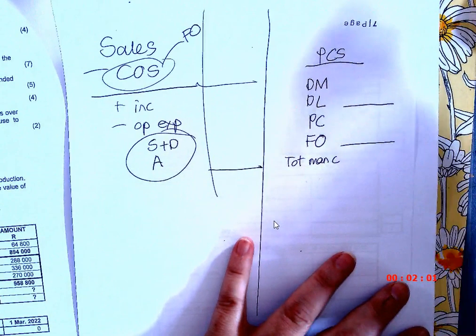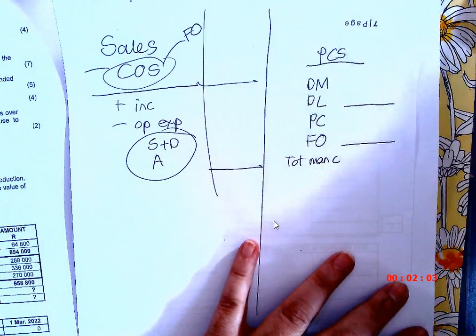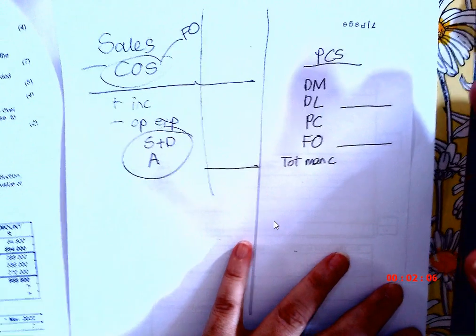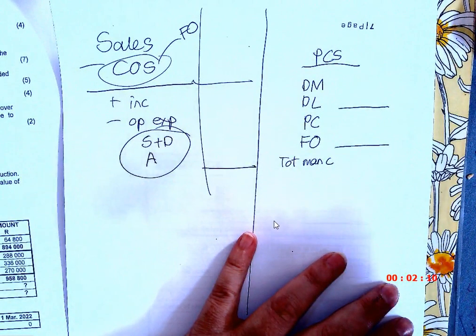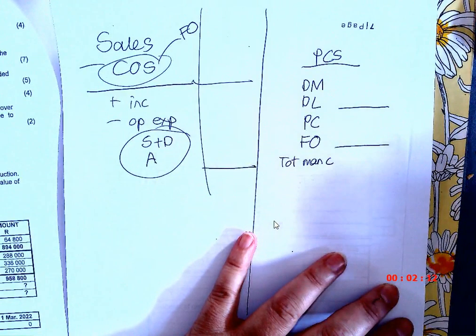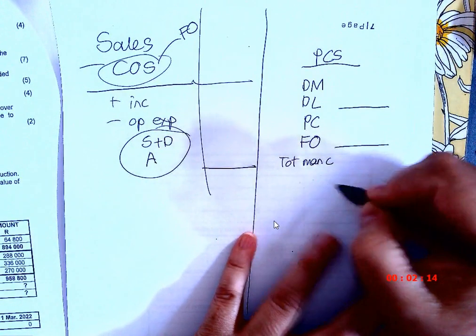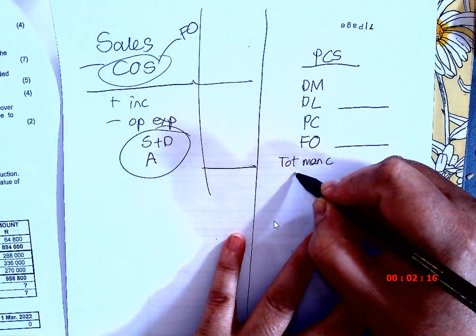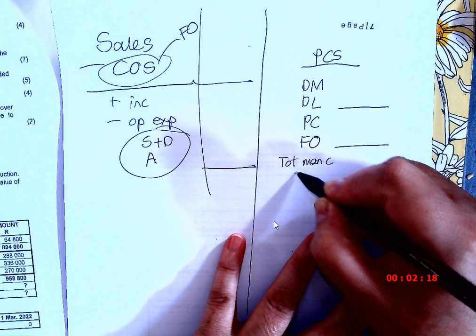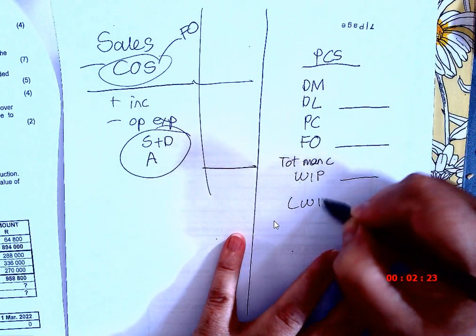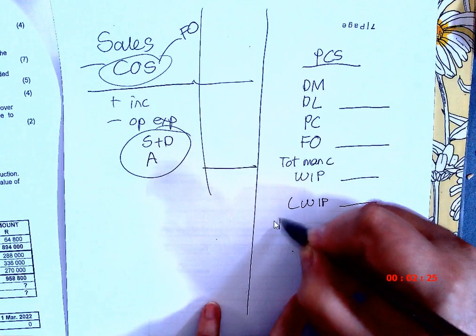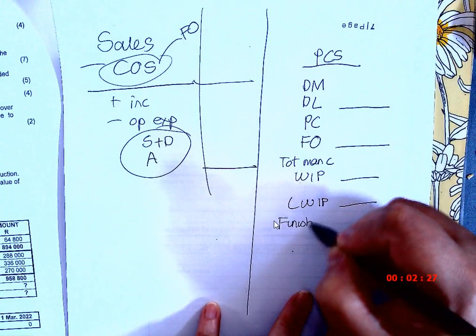Now I want to see which of these is actually finished and can go to the place where we sell it. So I will say plus work in process the opening, less work in process the closing, and now I've got my finished goods.